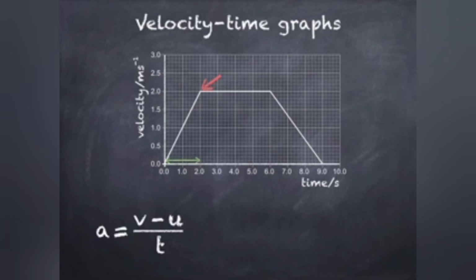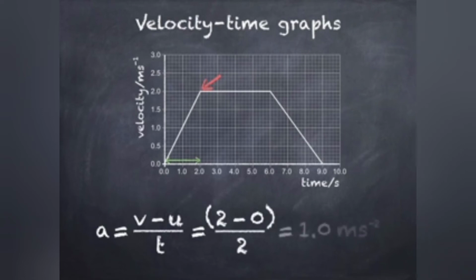So, when we consider the first section where we have a velocity of 2 meters per second and a time of 2 seconds, our acceleration becomes 1 meter per second squared for the first 2 seconds.